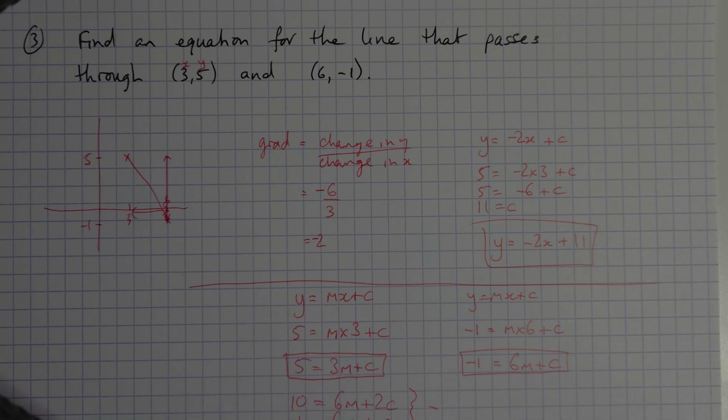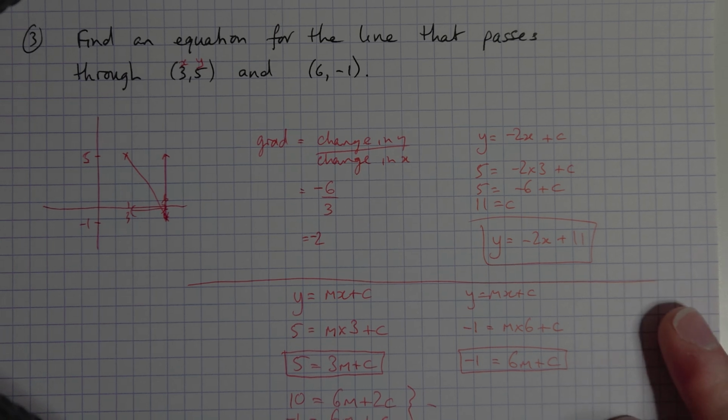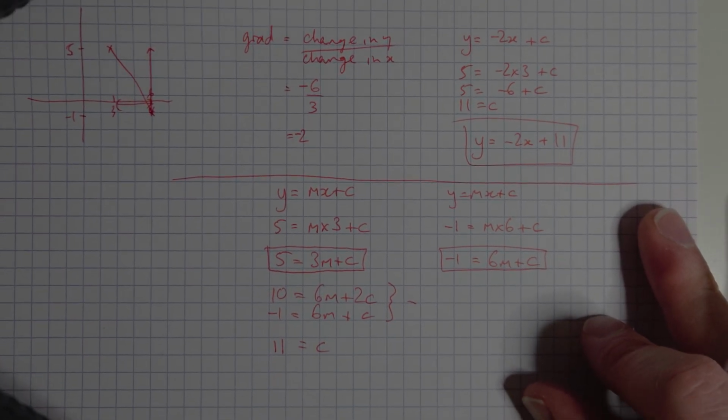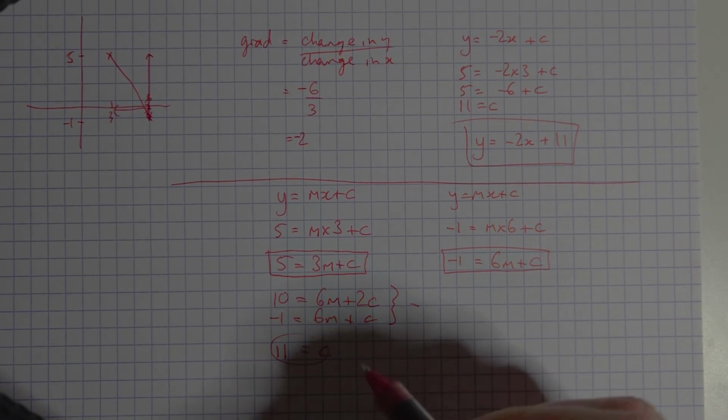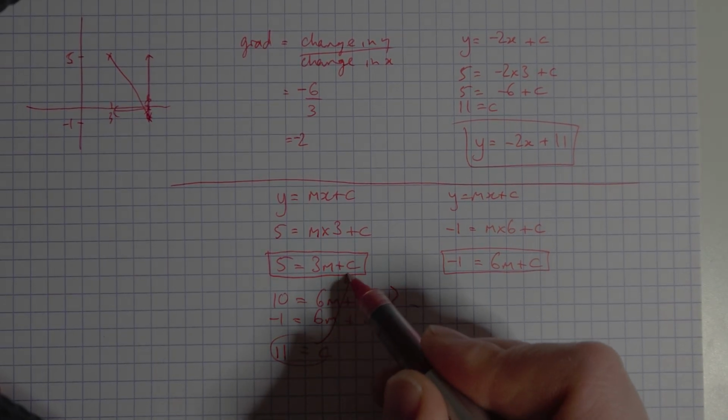At this stage we don't know what m is, so you substitute it back in again. If c is 11, I can put it into either of these. Maybe I'll put it back into this one here.